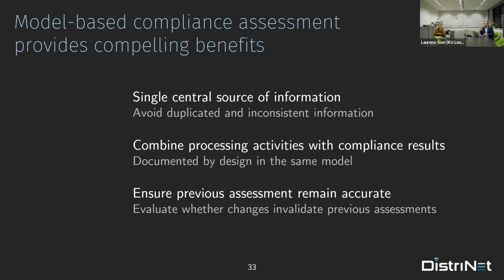So as I've mentioned, because of this single encoding and single source, we don't duplicate any information. We prevent inconsistent modifications. We can easily reevaluate if changes are made. And we document by design the steps and measures that we take, because we continually enrich and expand this model description with that information.